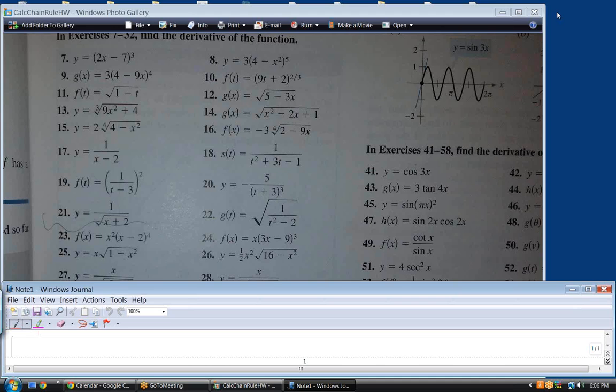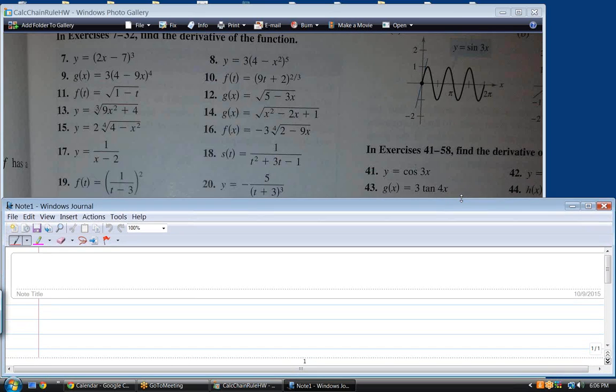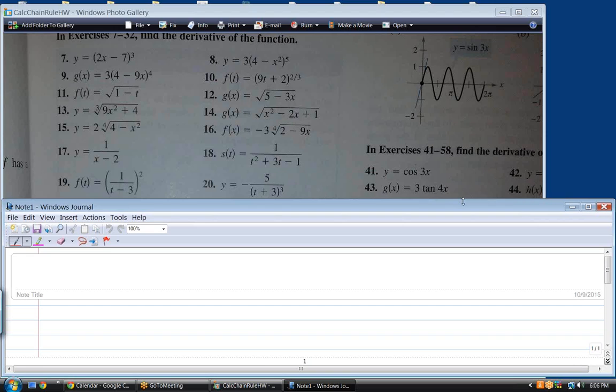Okay, let me test you here. How about doing number 20? Okay. So we have y equals minus 5 over quantity t plus 3 cubed.